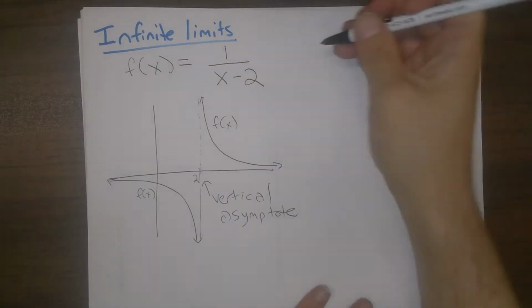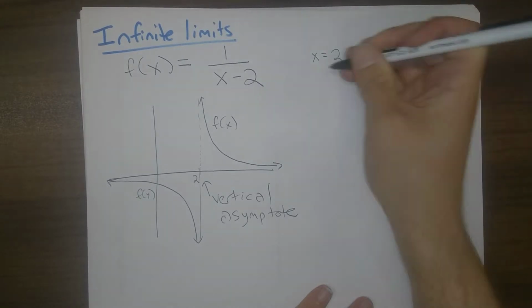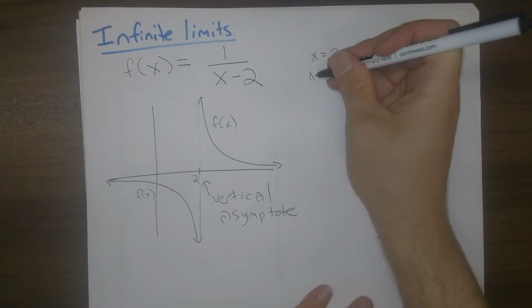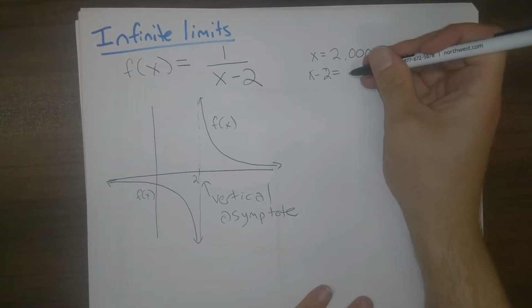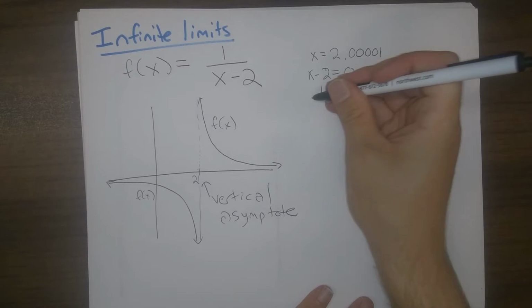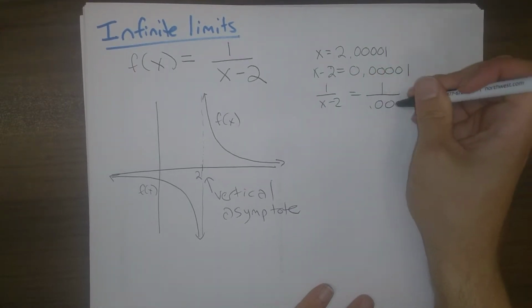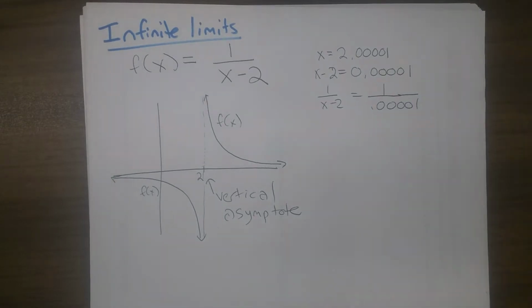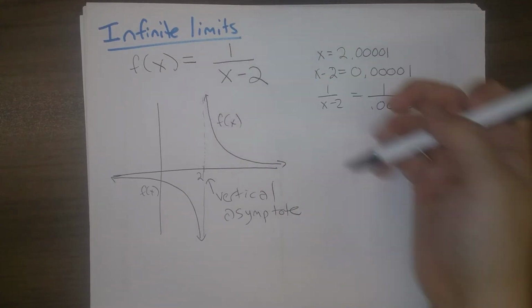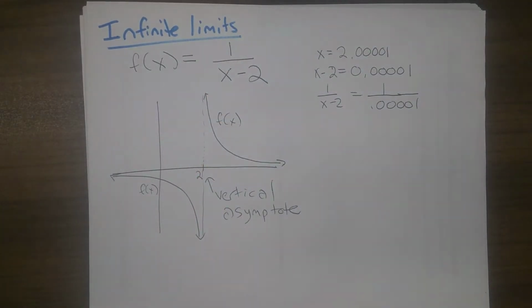So if x is equal to, let's say, 2.00001, x minus 2 is 0.00001, and 1 over x minus 2 is 1 over 0.00001, which is something divided by something very small makes a very large number. So that's why as x gets closer and closer to 2, 1 over x minus 2 gets really, really big.